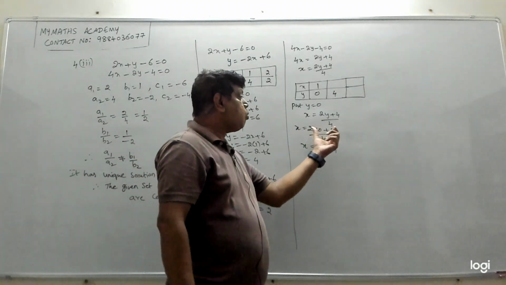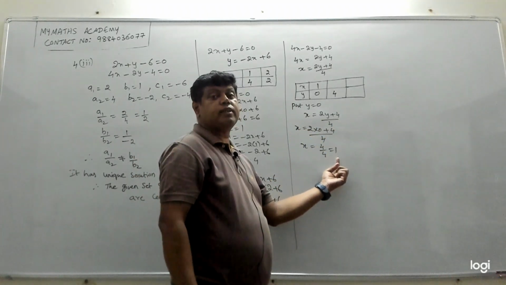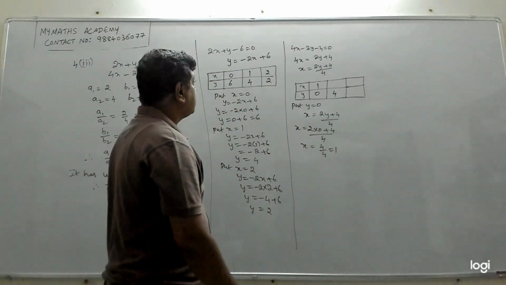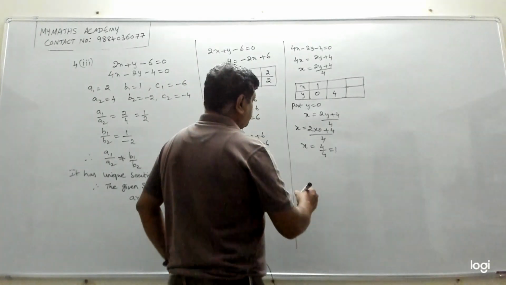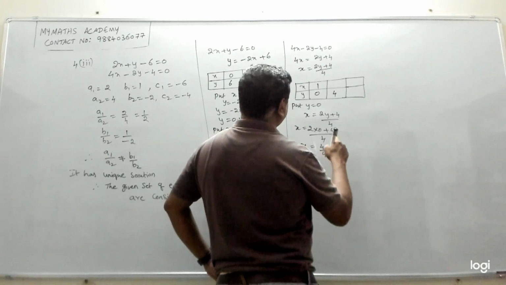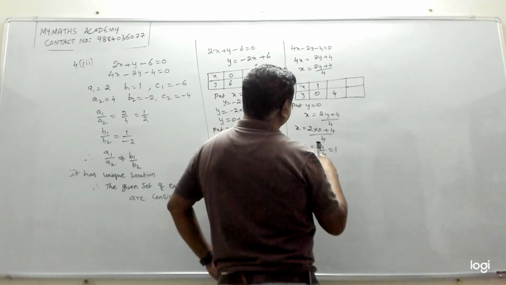So we try to avoid getting any fractional value for x or y. Fine. So x is 1, so the point is (1, 0).